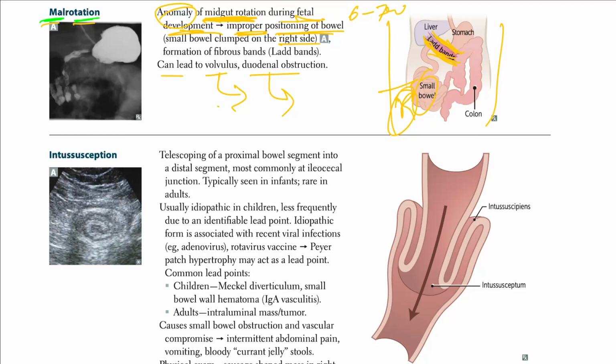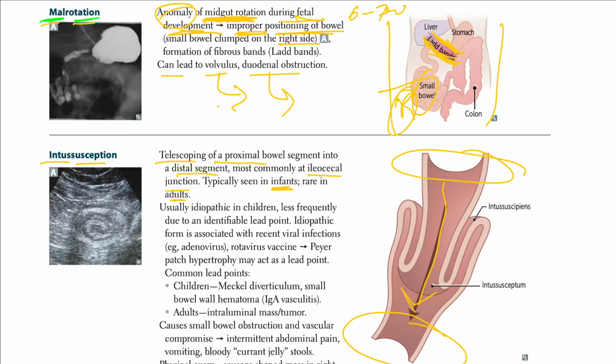Okay, now let's talk about intussusception. What do we have here? So here is the telescoping of the proximal bowel into the distal segment. Most commonly at the ileocecal junction, typically seen in infants and rare in adults.